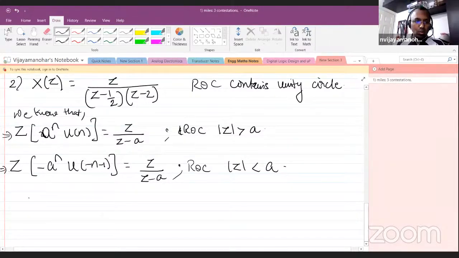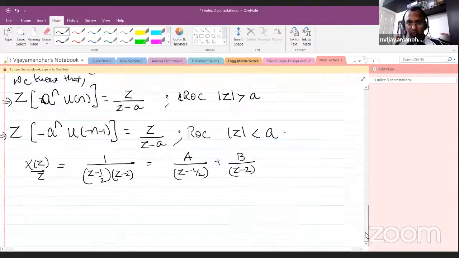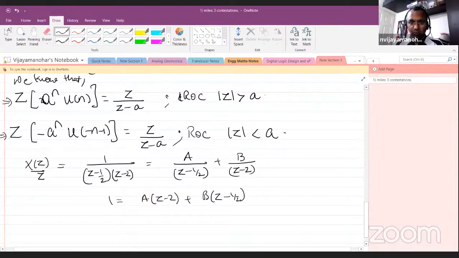Okay, so now x of z by z is 1 by z minus half into z minus 2. This I am going to split by partial fraction as a by z minus half plus b by z minus 2. So I can find a and b, right? So 1 is equal to a into z minus 2 plus b into z minus half.